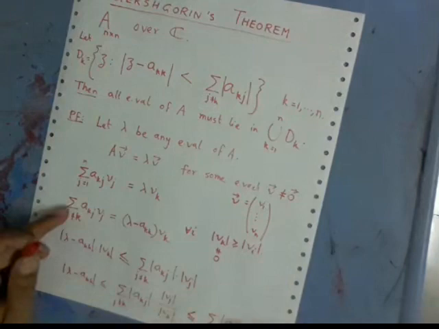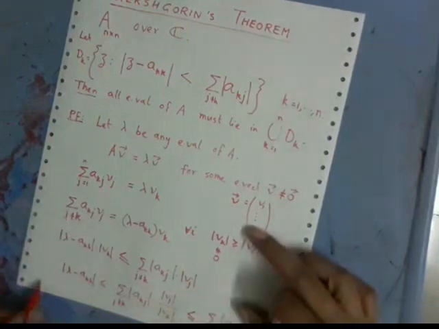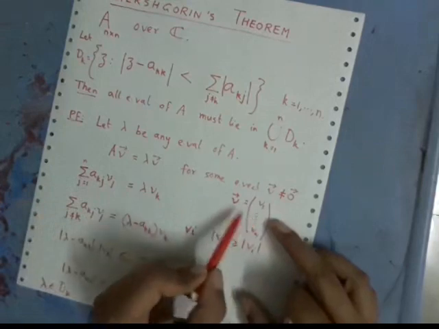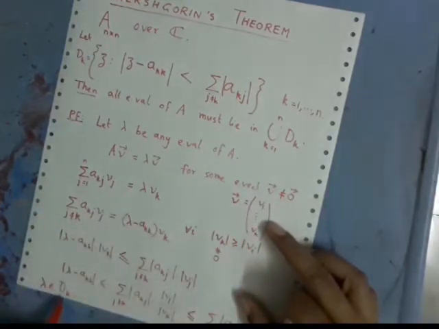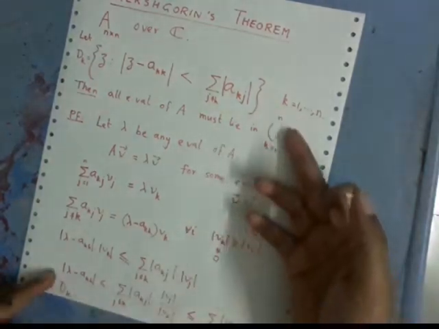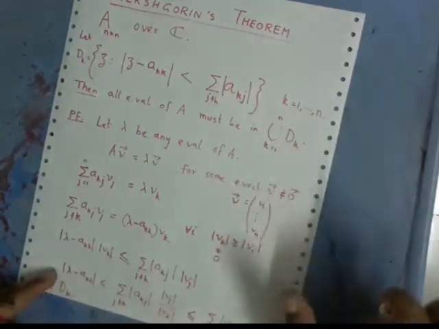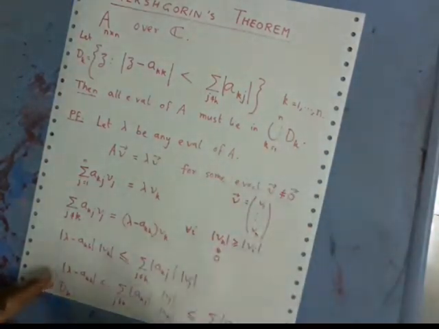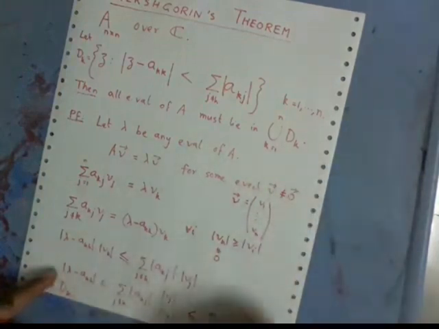And that is basically what I wanted to show, because this says that lambda belongs to D_k. Now in this case, how did I choose k? I chose k based on that maximum component of the eigenvector. So I do not know what k is given a particular lambda, but I know it must be one of those disks. That is why I have written union of all disks. It must land in one of the disks or other. So it must always be in the union.